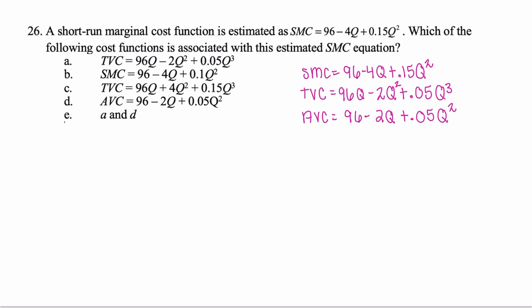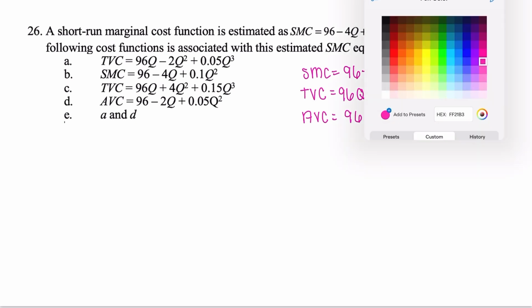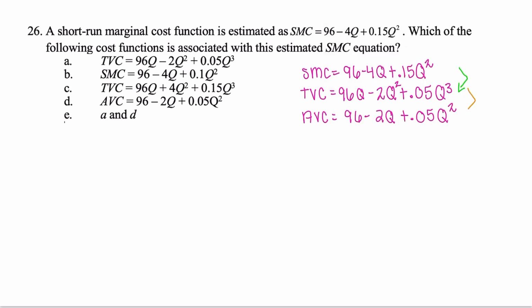So from this to this, you can either undo the formula, which is an option, or if you have a strong calc background, you are more than welcome to essentially undo the derivative and see what happens. From our total variable cost to our average variable cost, we are dividing by Q. So it's getting rid of the Q after the 96, and then getting rid of the exponent on our 2Q squared, and then subtracting 1 from our exponent on our Q to the third, or our Q cubed, which gives us an answer of E.